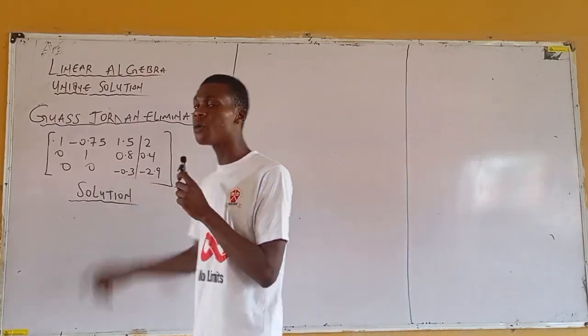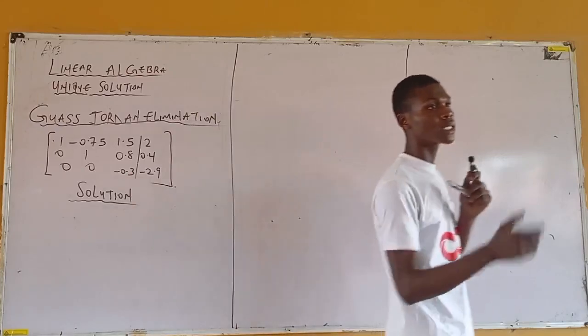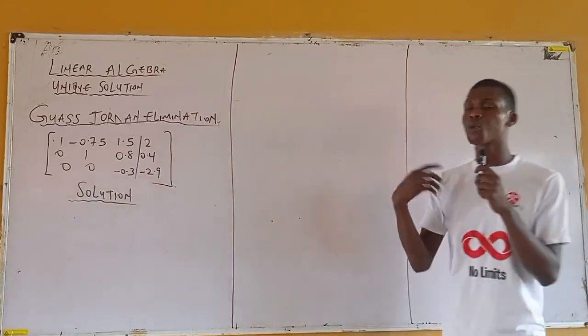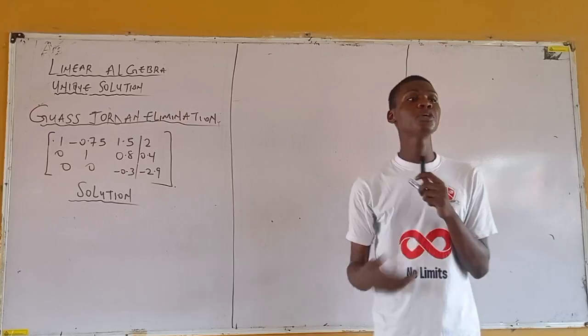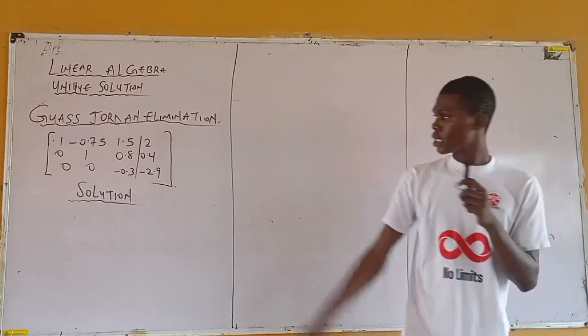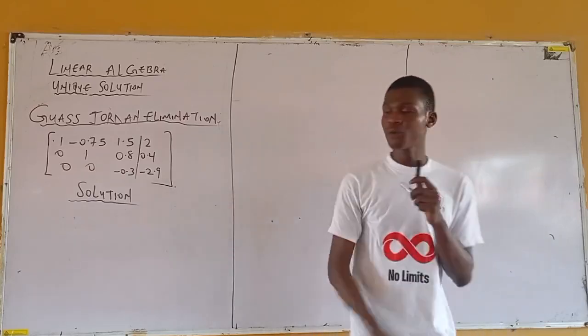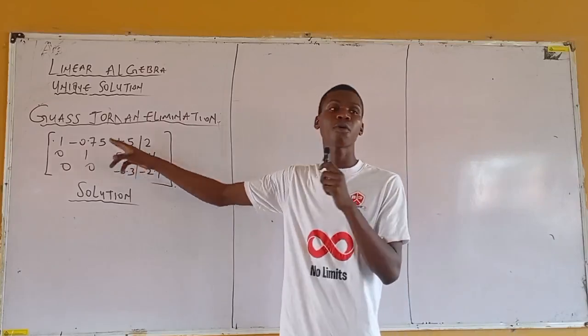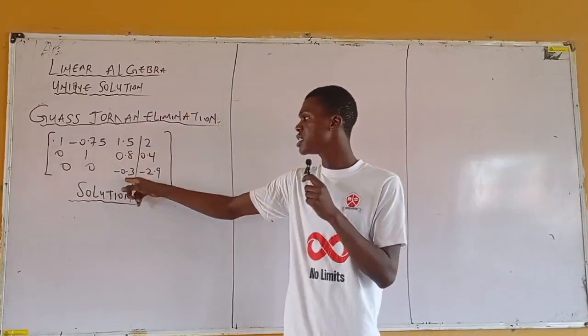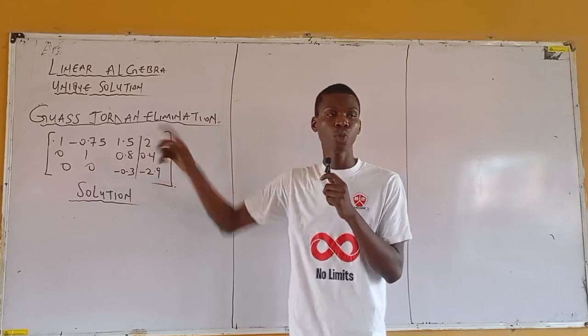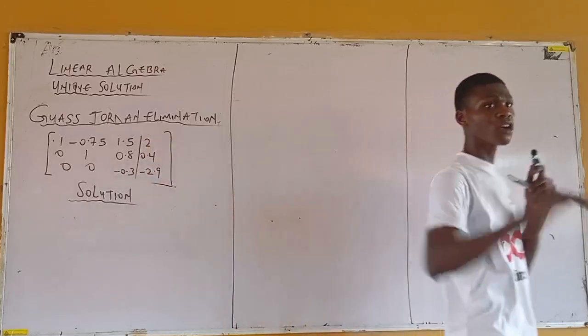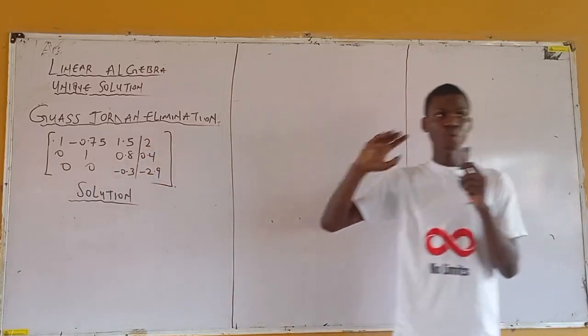But before we proceed, it is advisable, it makes your work very easy, when you make your pivot become 1. So before manipulating 0.8 and 1.5 to become 0, let's make this guy, which is minus 0.3, to be 1. How do we do that? Divide all through by negative 0.3.